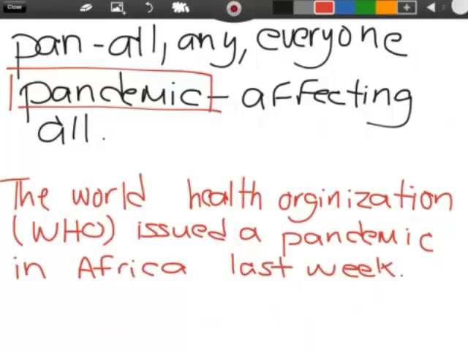Moving on to our next root, which is para. And para is a commonly used word, so I'm going to underline this for you after I give you the meaning.